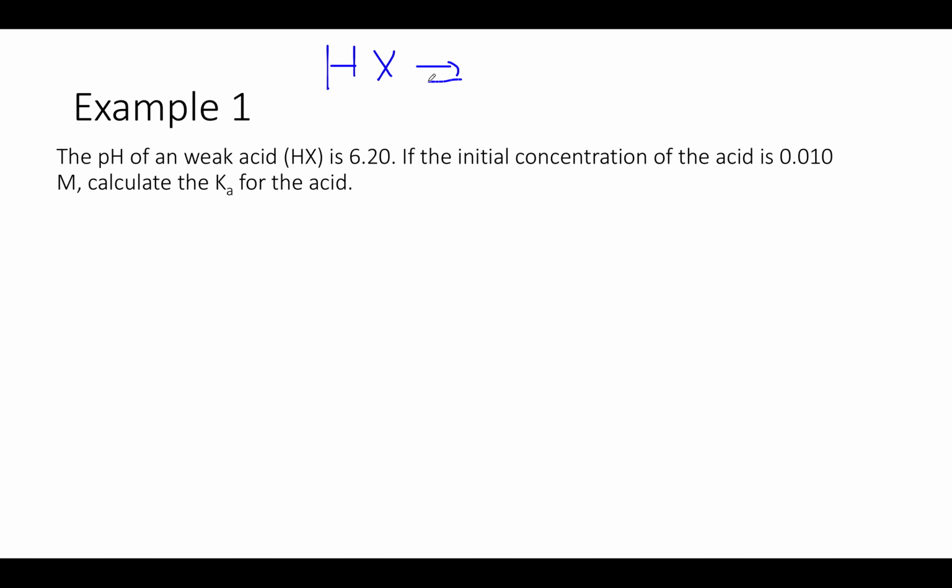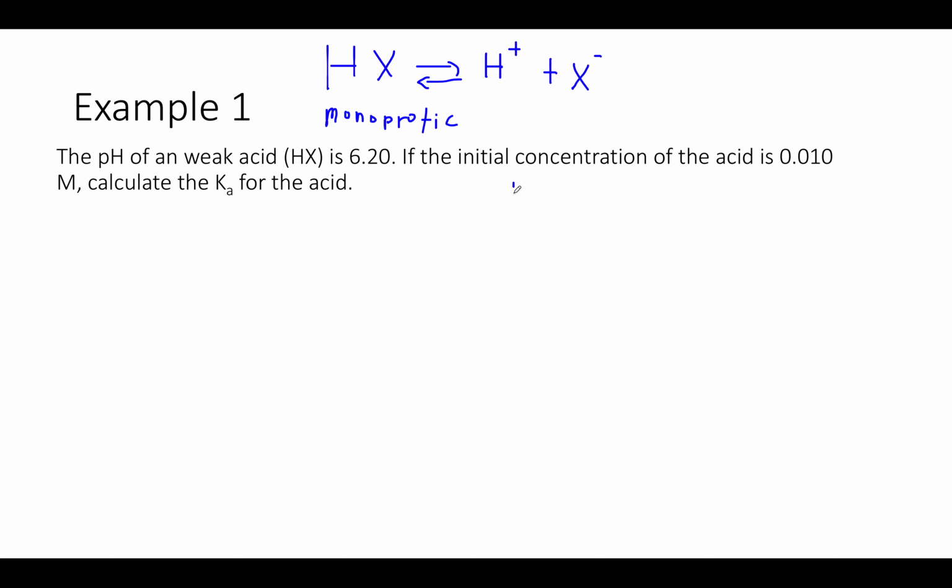You're going to get the hydrogen ions in the solution, and this X anion doesn't really matter because these concentrations will be the same. Also important to note, this is what we would call a monoprotic acid, meaning when it dissociates, it only has one proton. In this case, and in most cases with the acids, it's a hydrogen.